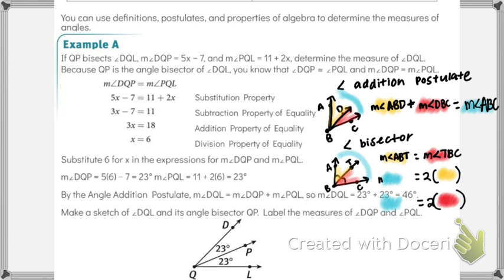The full thing, the measure of angle ABC, equals 2 times the yellow, and the yellow is the measure of angle ABT. The measure of angle ABC is also 2 times the measure of angle TBC.